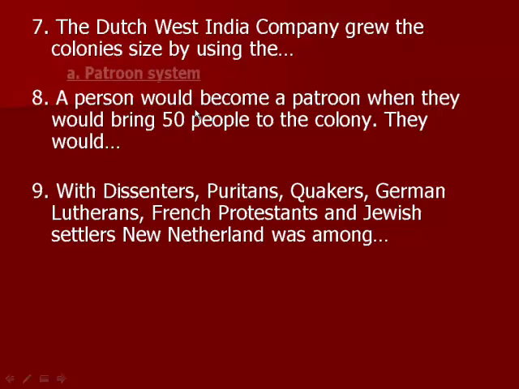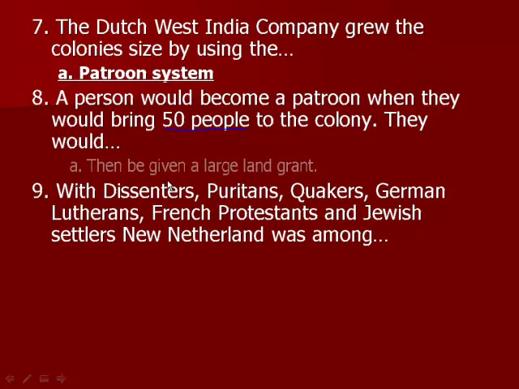So they use this system called the patroon system, which is supposed to grow the size of their colony. The system is that a person would become a patroon when they brought 50 people to the colony. Once they brought 50 people to the colony, they would become a patroon, and they would then be given a large land grant. So patroons would be given large land grants.